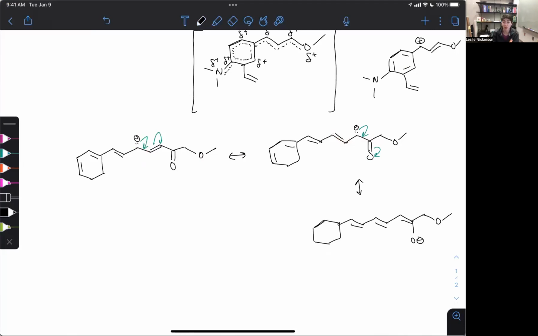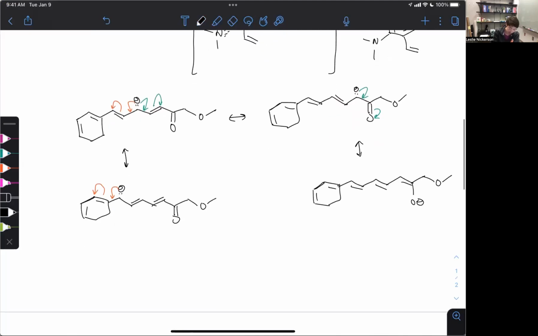Okay, making that oxygen negative, still keeping the negative charge, still keeping my pi bonds. So this, because it's sp3, we can't do anything with it. We're stuck. But we can go back to this structure. We could have gone this way. Okay, to get here, we can keep on going.